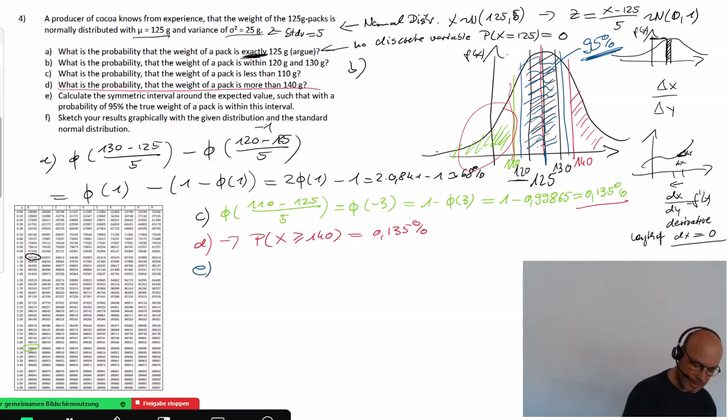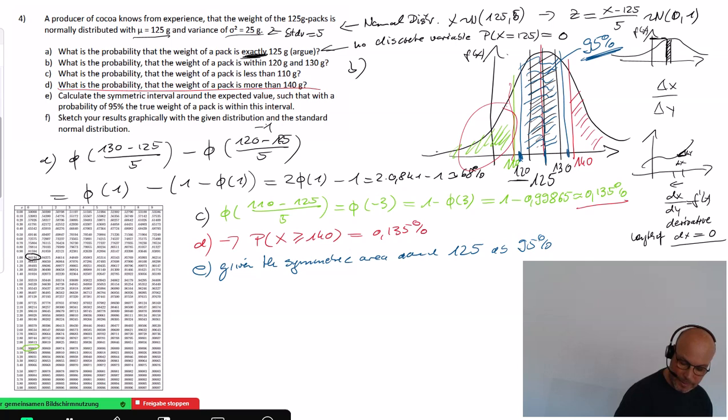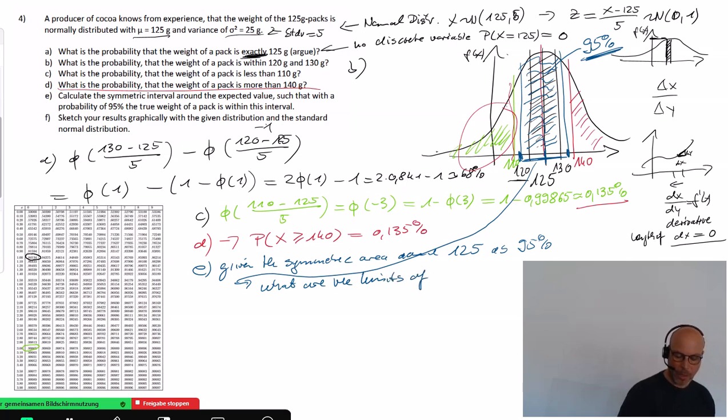So, given the symmetric area around 125 as 95%, what are the limits of the interval?